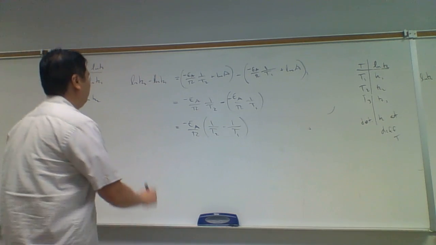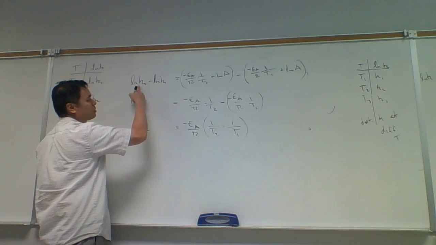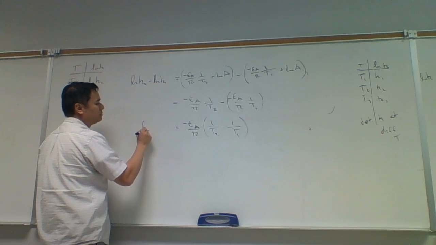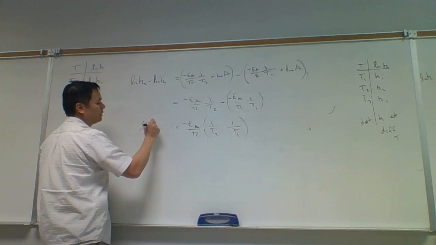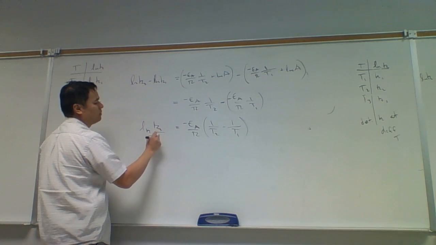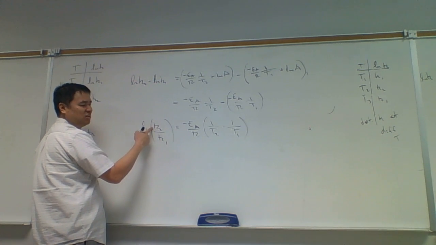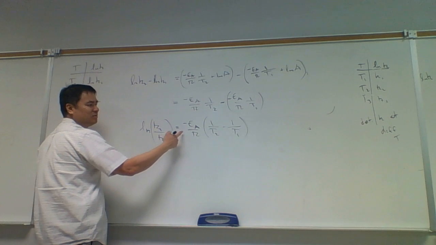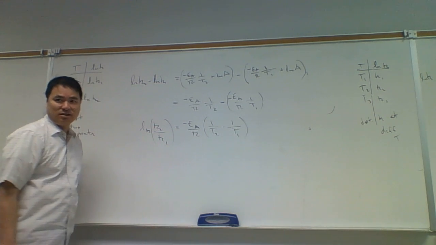Using the property of logs, when we subtract the 2 logs, we can divide: k2 over k1. So ln of k2 over k1 is equal to minus Ea over R, 1 over T2 minus 1 over T1.